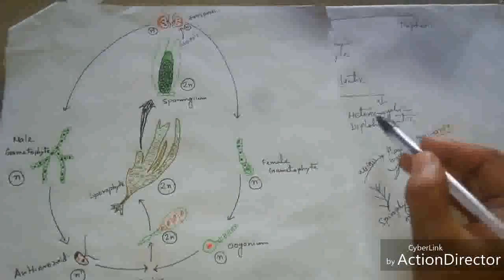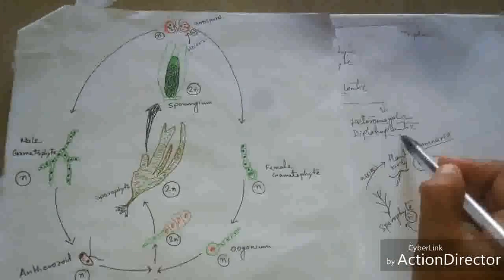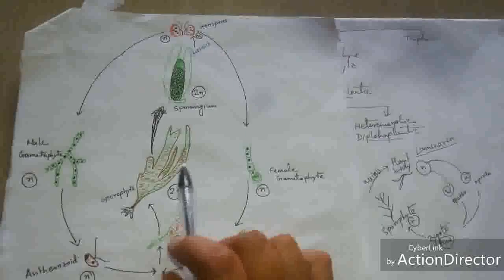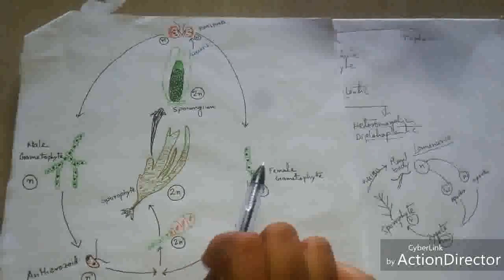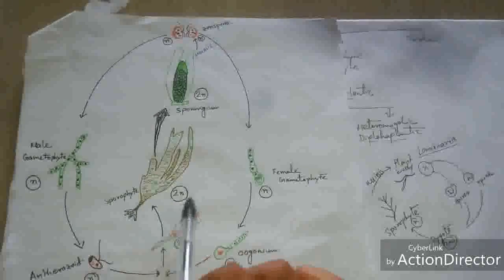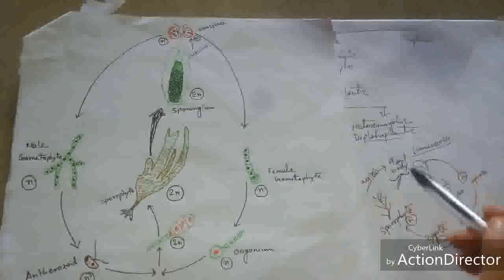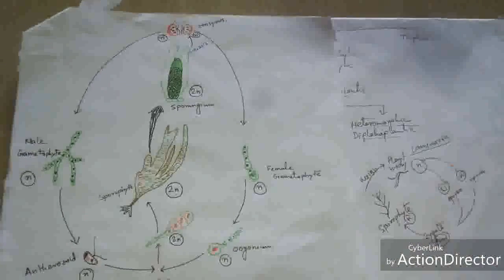So this is the heteromorphic diplohaplontic life cycle. Here it is heteromorphic because the male gametophyte and female gametophyte are totally dissimilar to the sporophytic generation. So this is the heteromorphic diplohaplontic life cycle.